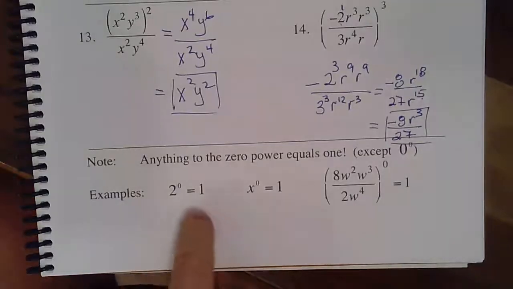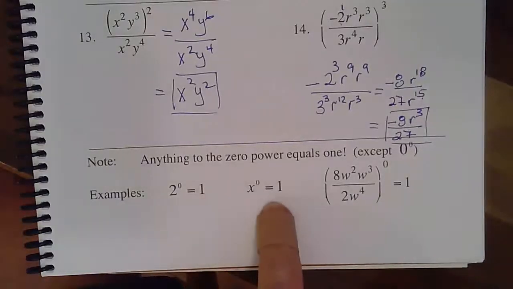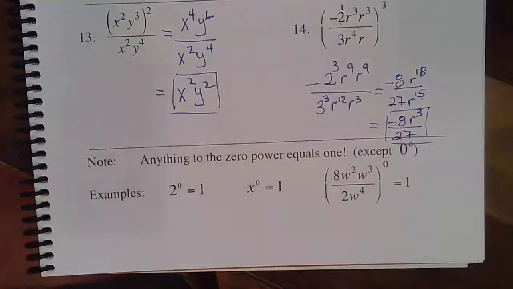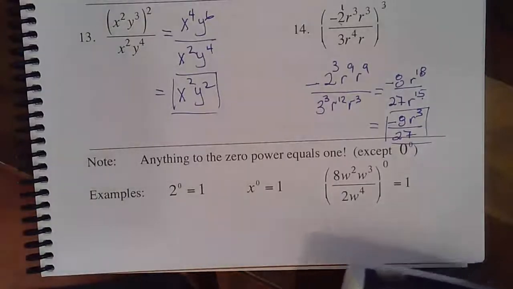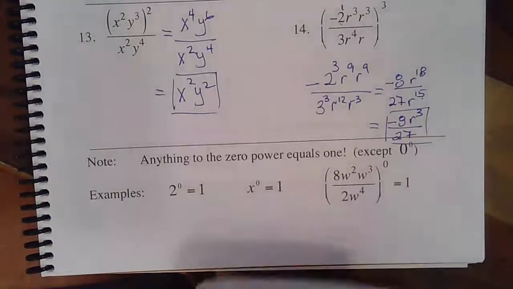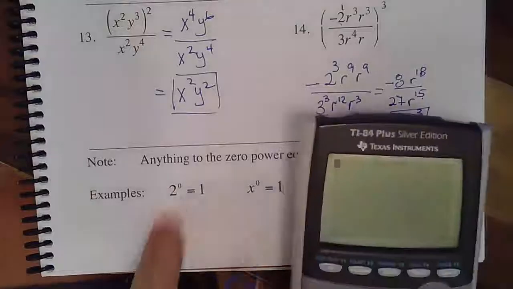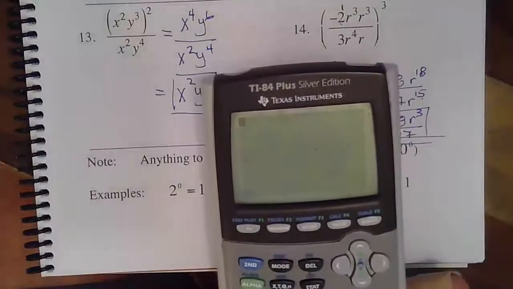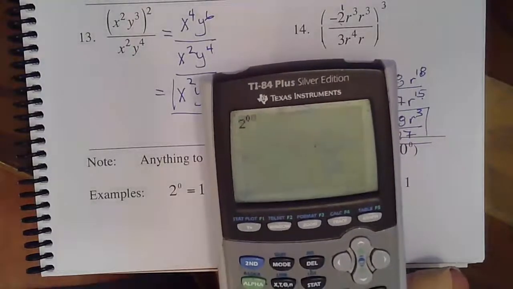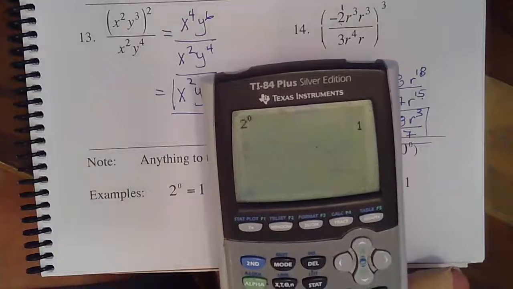A couple other facts. 2 to the 0 is 1. Anything to the 0 is 1. And some of you are saying, I don't know why. Well, I'm going to prove that at least to the calculator, if I raise 2 to the 0 power, you get 1.